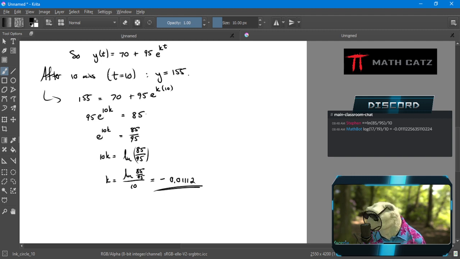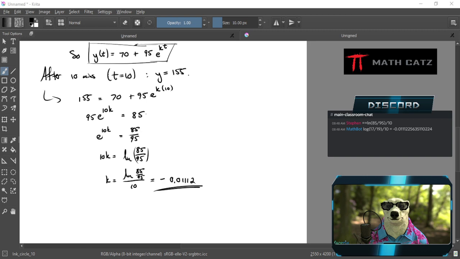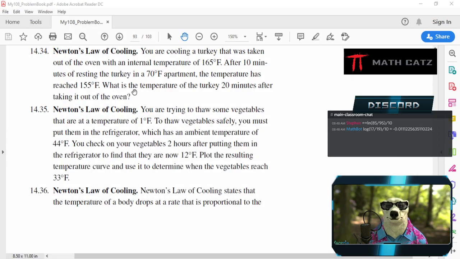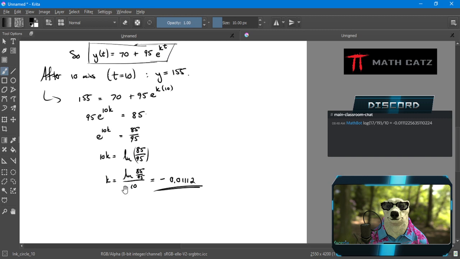I do now have all that I need in my function. So I can answer their follow-up question. What is the temperature of the turkey 20 minutes after taking it out of the oven? And we can make our own questions as well.